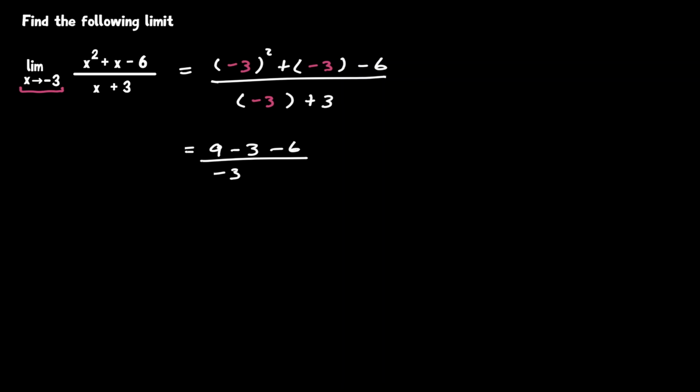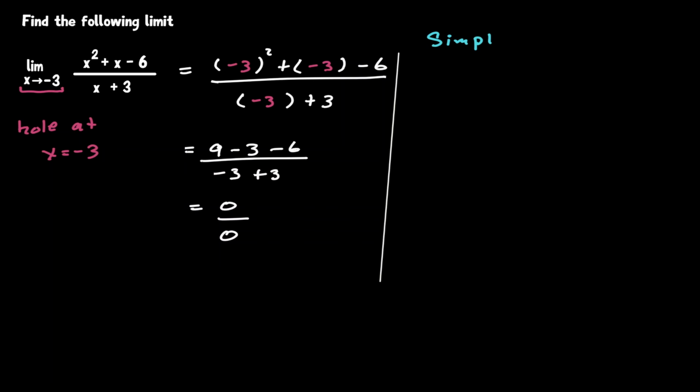And on the denominator, we got -3 plus 3. On the numerator, we got 0. On the denominator, we got 0. So what this is saying is that we have a hole in the graph at the location of x equals -3. So how about we simplify? And let's evaluate one more time.